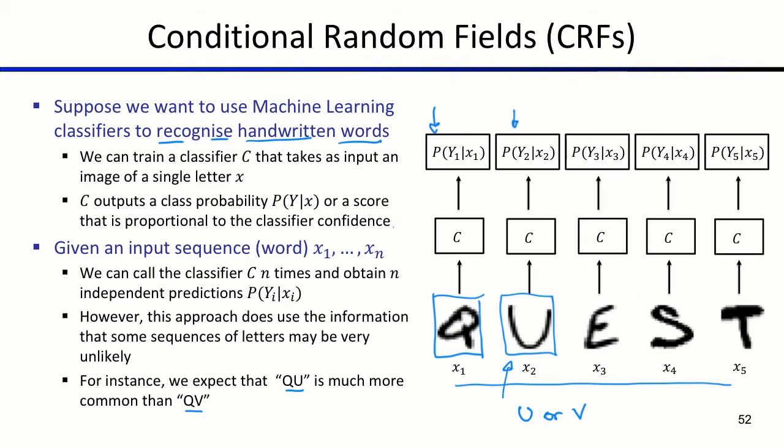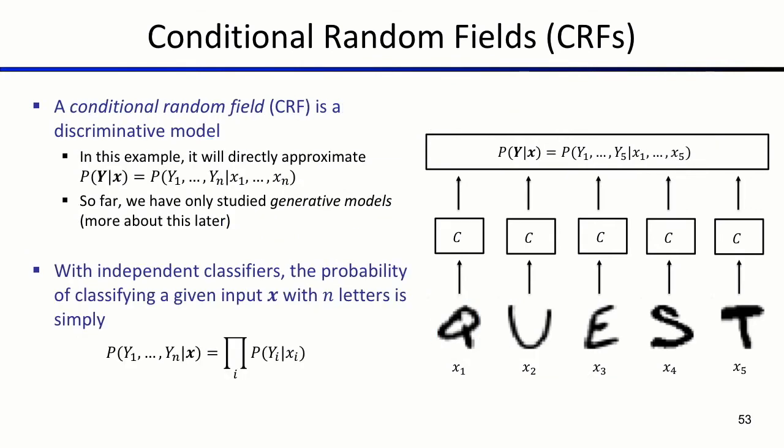So what we are actually interested in is a system that can provide us the probability of y given x. And this y here is the sequence of labels that we have in the word, one label for each letter. So we are interested in this joint probability here for all the labels given all the input images that we have.